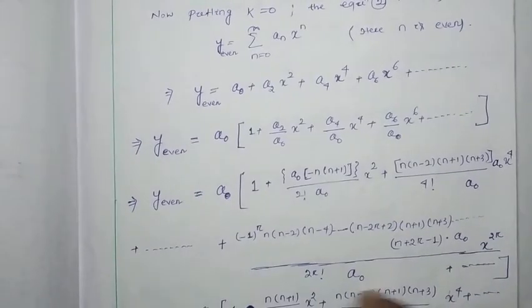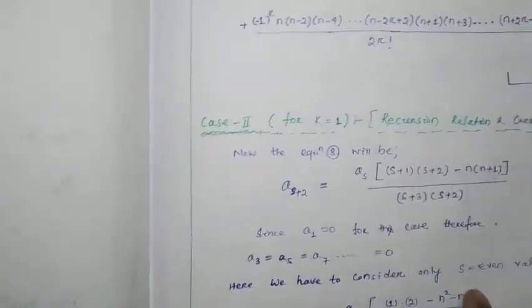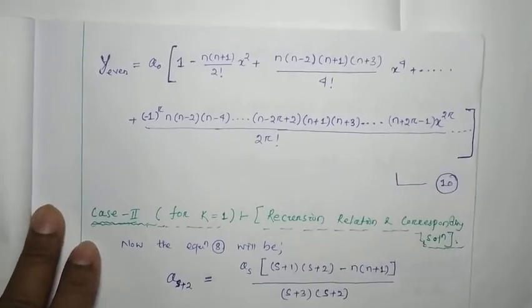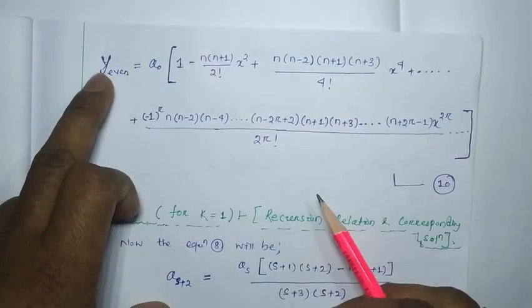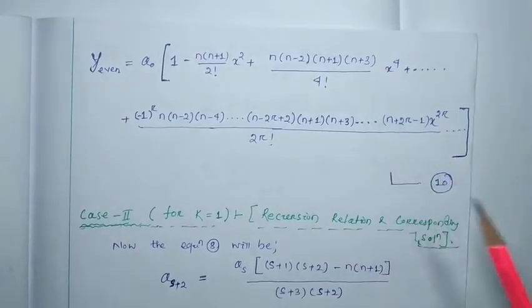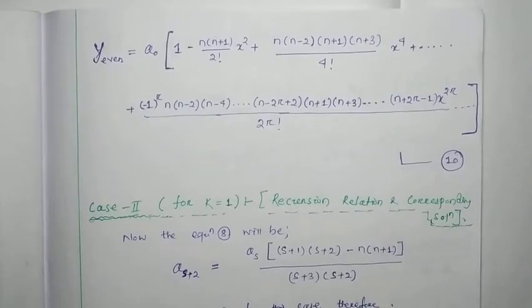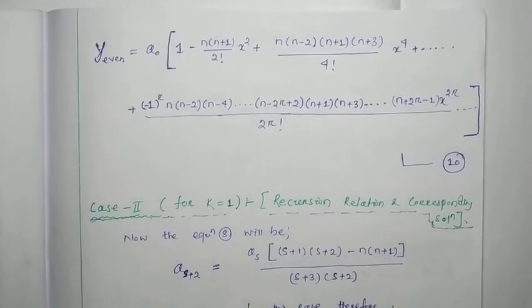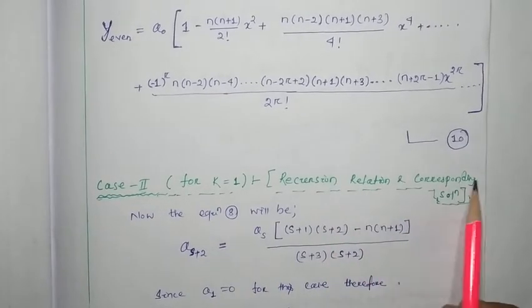This expression I have written again on the next page also. So finally we got y even equal to this one. Let it be equation number 10. Similarly, put the heading for k equal to 1 and find the recursion relation and the corresponding solution.